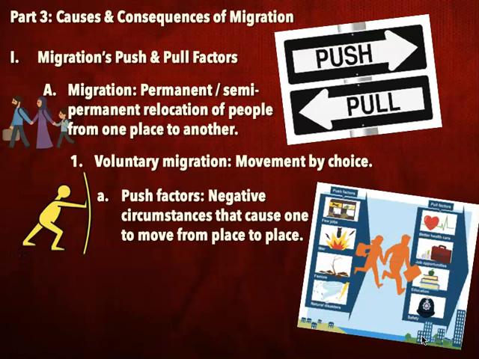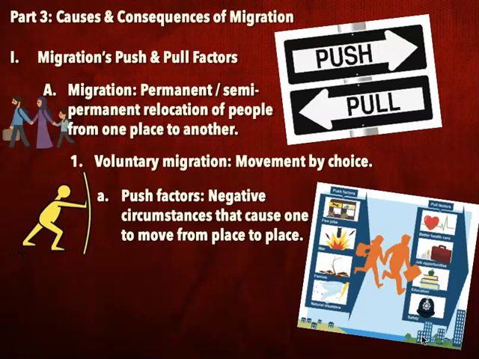That is when you are making the decision on your own, of your own free will, and it's a move you're making because of factors that you personally are taking into consideration in deciding to move from one place to another. Typically, what comes into play with voluntary migration is a combination of what are called push factors and pull factors.